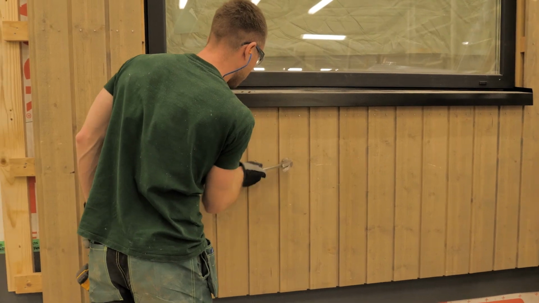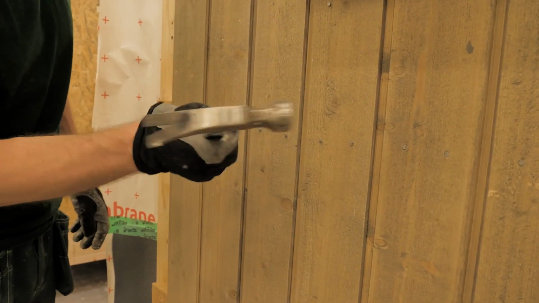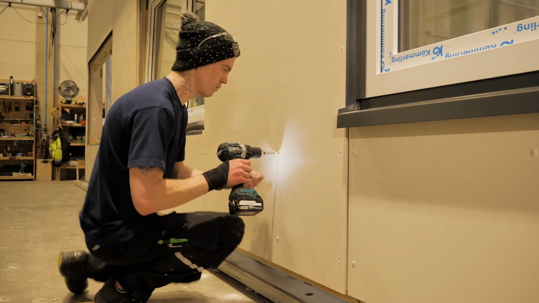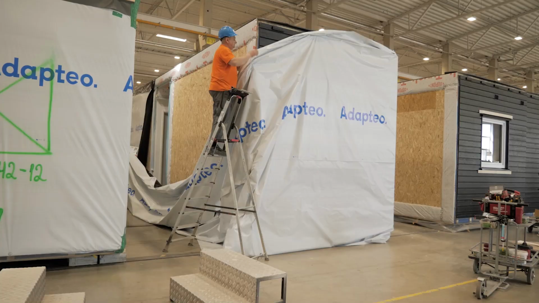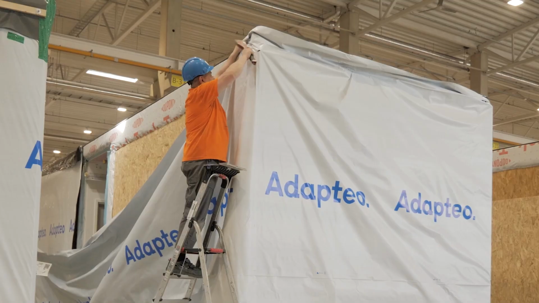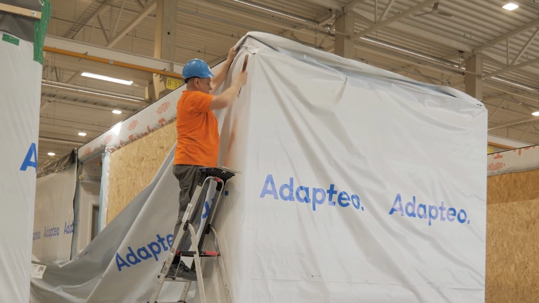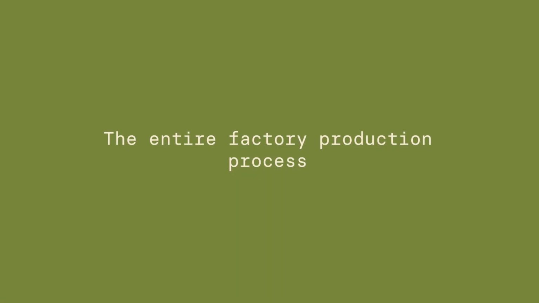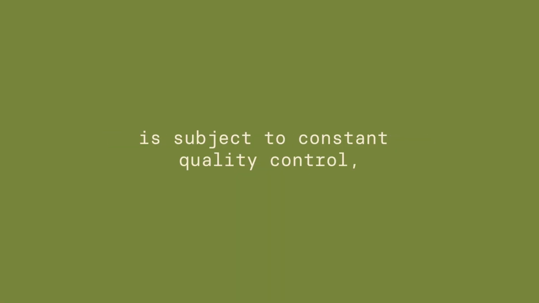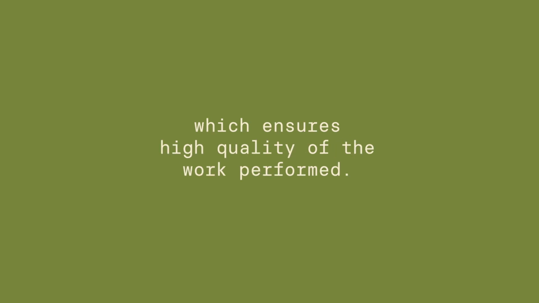Exterior work involves adding outer layers to wall elements and finishing around openings. Once interior and exterior work is complete, the volumetric element is wrapped in weatherproof film and stored in a warehouse. The entire factory production process is subject to constant quality control, which ensures high quality of the work performed.